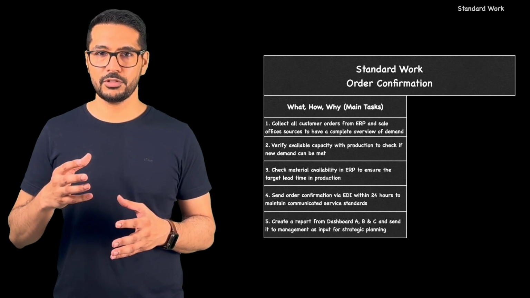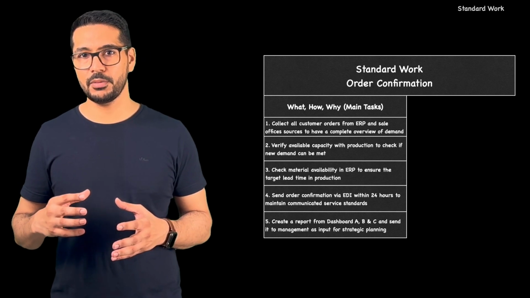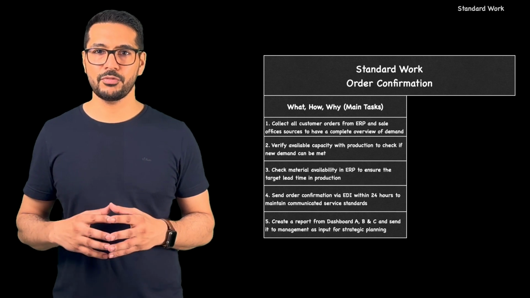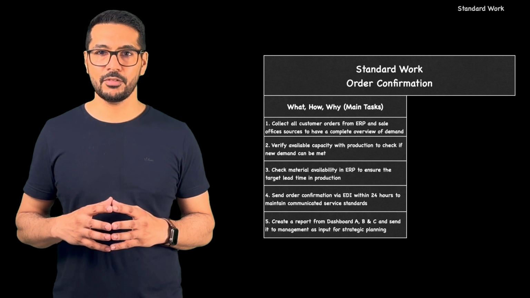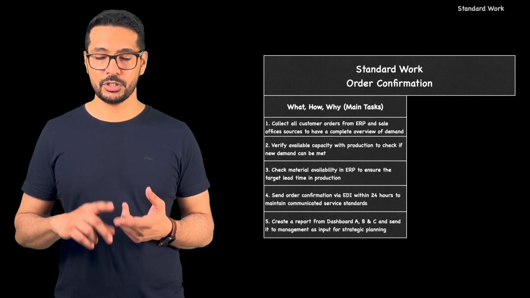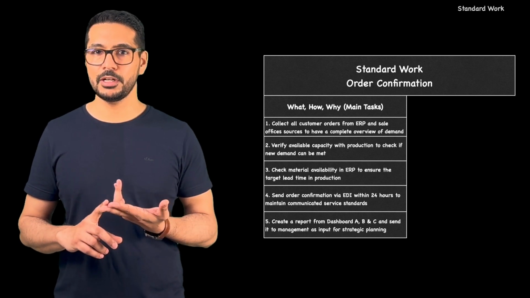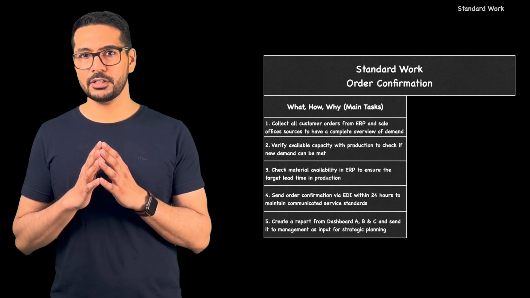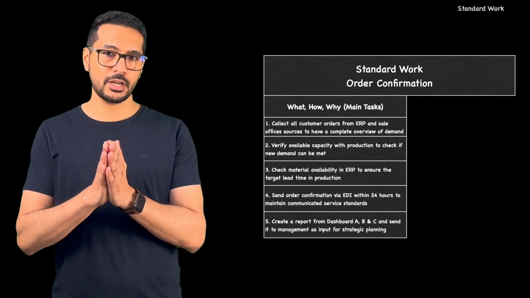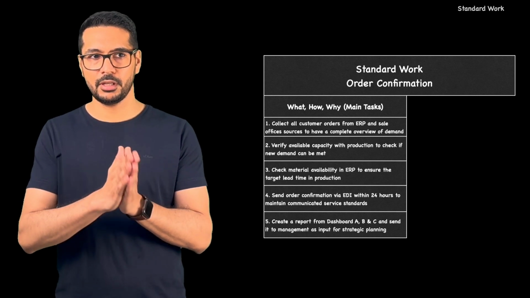Once we have checked, check the available material, if we have the availability of all the required material. And once we have checked the production capacity and material availability, then we have to send the confirmation to the customer, yes, we can deliver the product in that time.